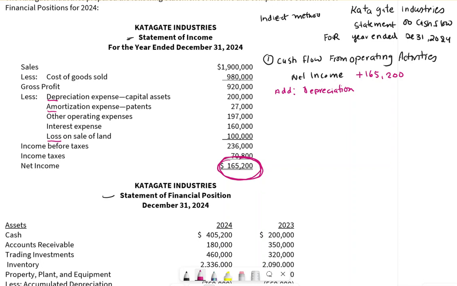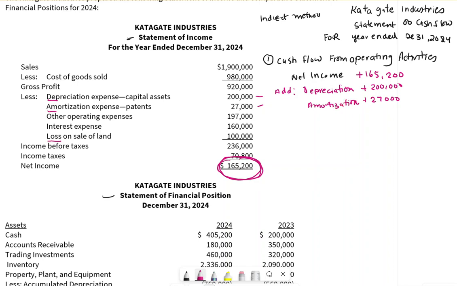So we have to add back all the non-cash items. I add back the 200,000, that's my depreciation. I add my amortization, which is the 27,000, my amortization expense.